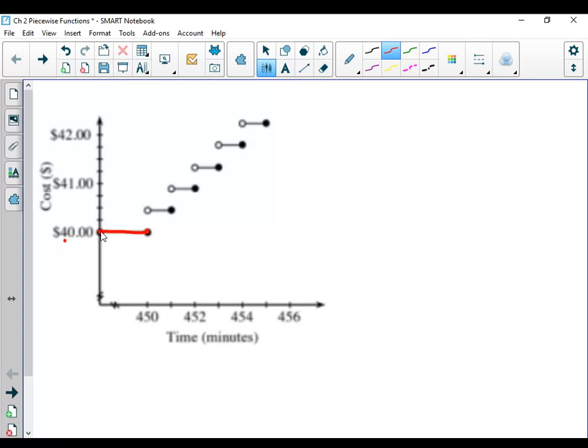So if I just ask you to write the equation of this, I might say y equals 40. That's kind of what I'm going to do with my piecewise function, except I'm going to call this f of x. But f of x doesn't equal 40 the entire time, so I'm going to list when it equals 40. I'm going to say f of x equals 40 if, and then I've got to tell them when that happens.